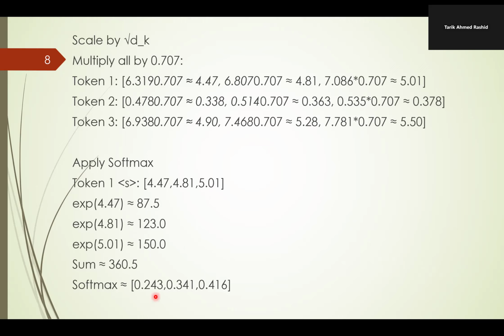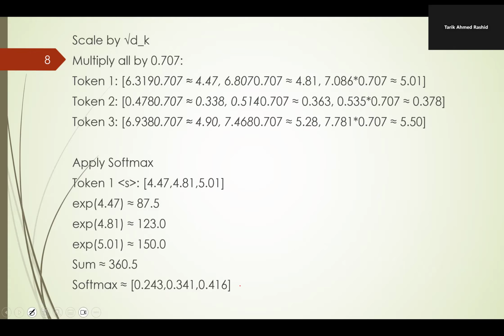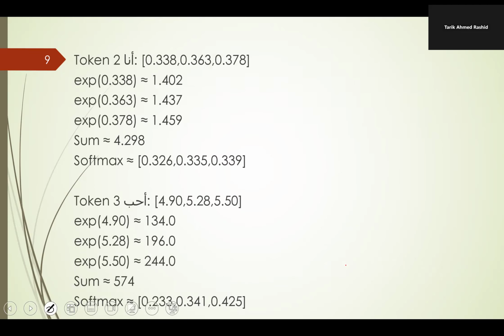So 0.243, 0.341, and 0.416. Now, remember that the sum of these should be 1. 0.243 plus 0.341 plus 0.416 should equal 1.